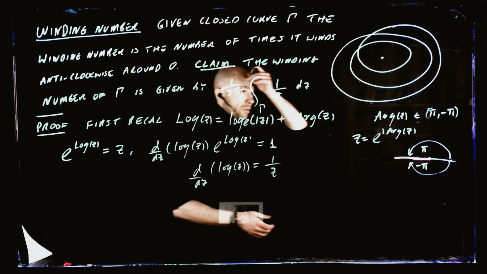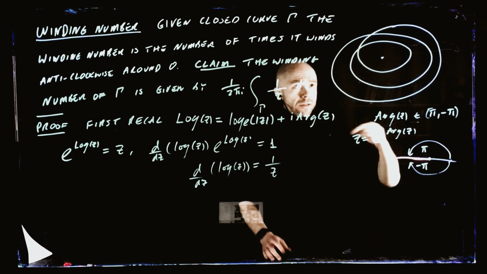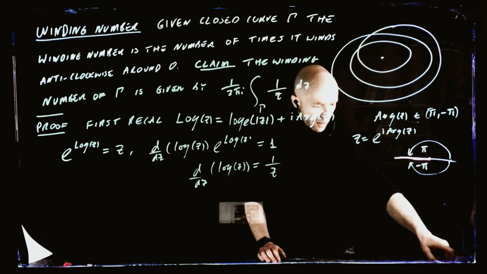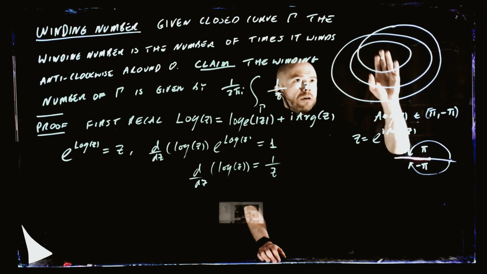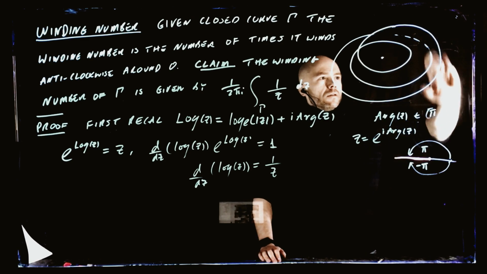So this is what we're going to do. We are going to break this curve up into pieces, and I'm going to make life simpler. I'm just going to make this thing loop around just 2 times. So let me erase some features here.